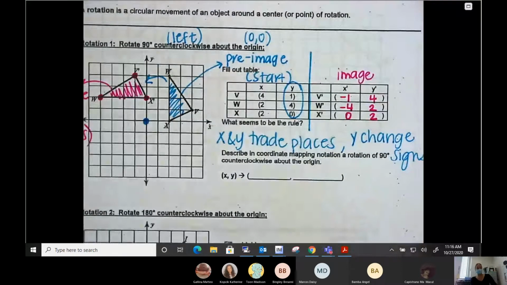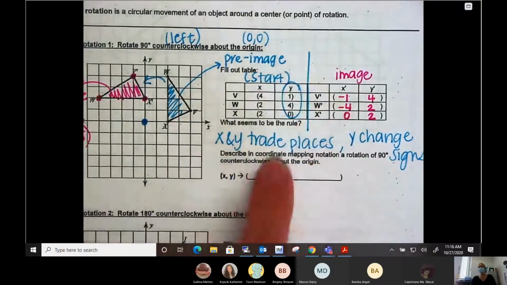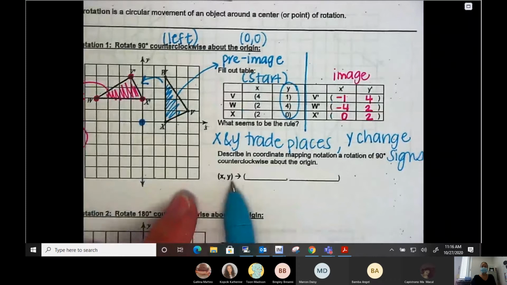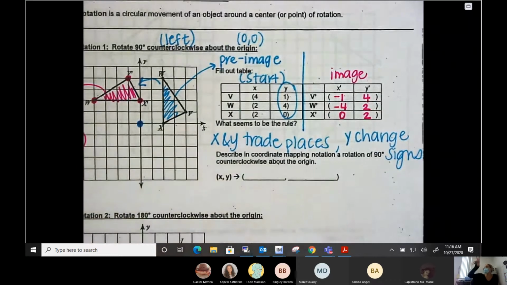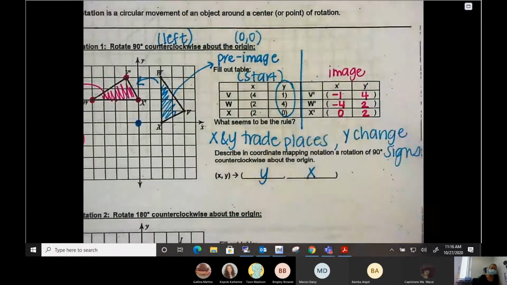So that means if these were all positive, they all became negative over here. What if I would have had all negative ones? Then they would have changed to positive, right? They're just changing signs. Okay, so when I write it as a rule, I say XY becomes, so they have to trade places. Y to X, they trade places.